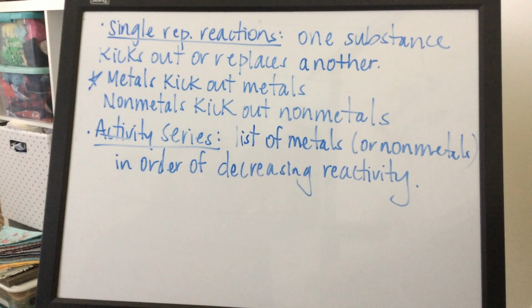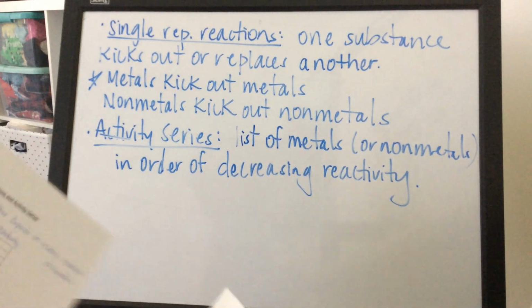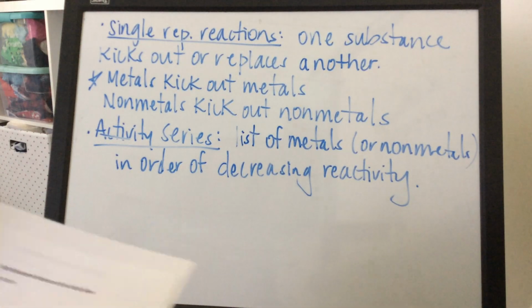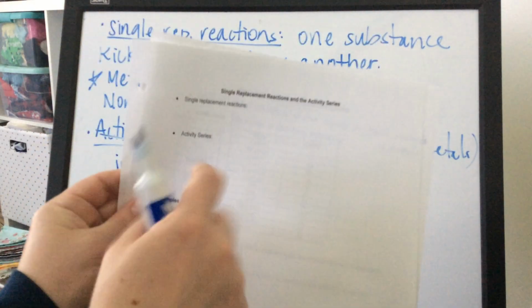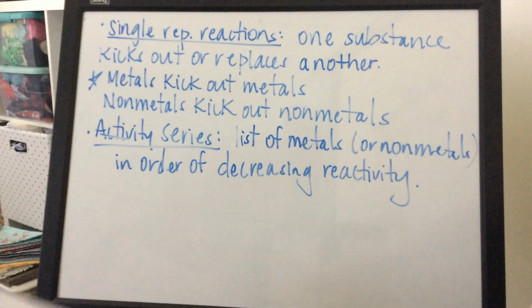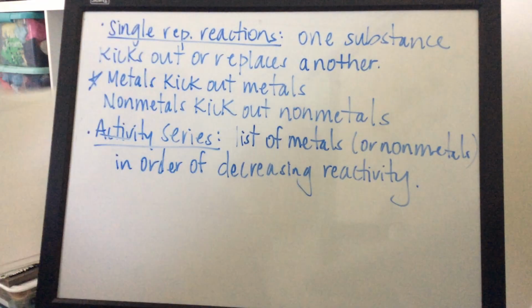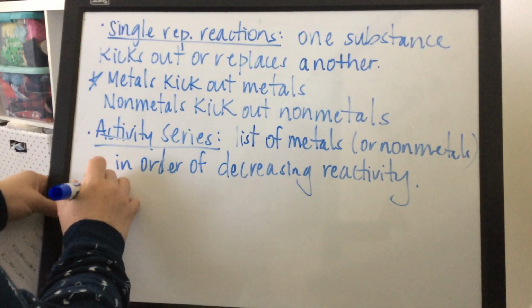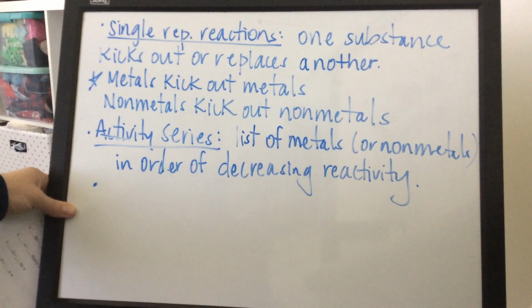Okay, so let's do an example about how this works. You should have room on the front of your paper where it says activity series. So let me erase this, and actually let me add something. Okay, so how does the activity series work?